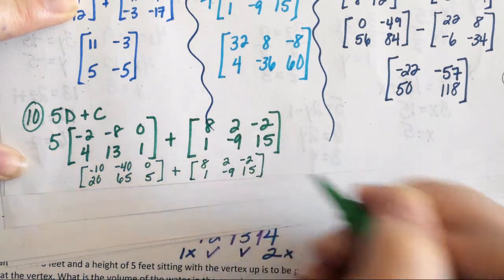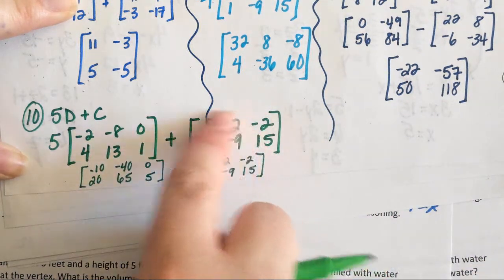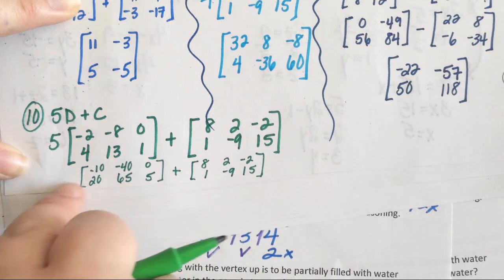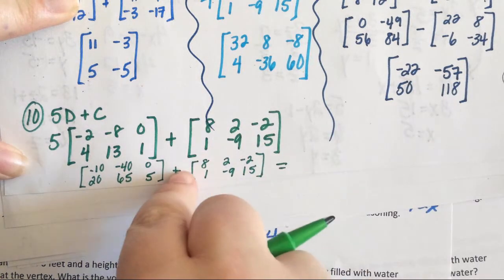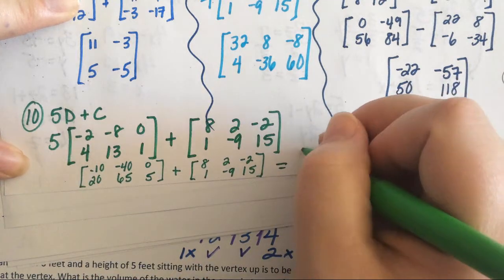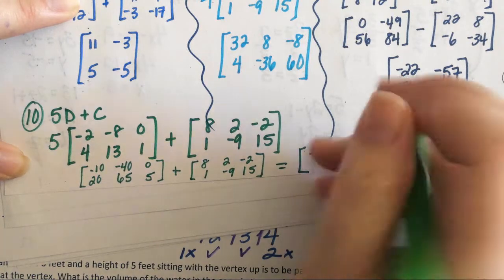Sorry, I'm having to turn this in at the bottom. Again, since it wasn't multiplied by anybody, I just wrote it down again at the bottom near this one. Okay, there's a plus sign in between, and they are the same dimensions, so I can add them. Negative 10 plus 8 is negative 2.